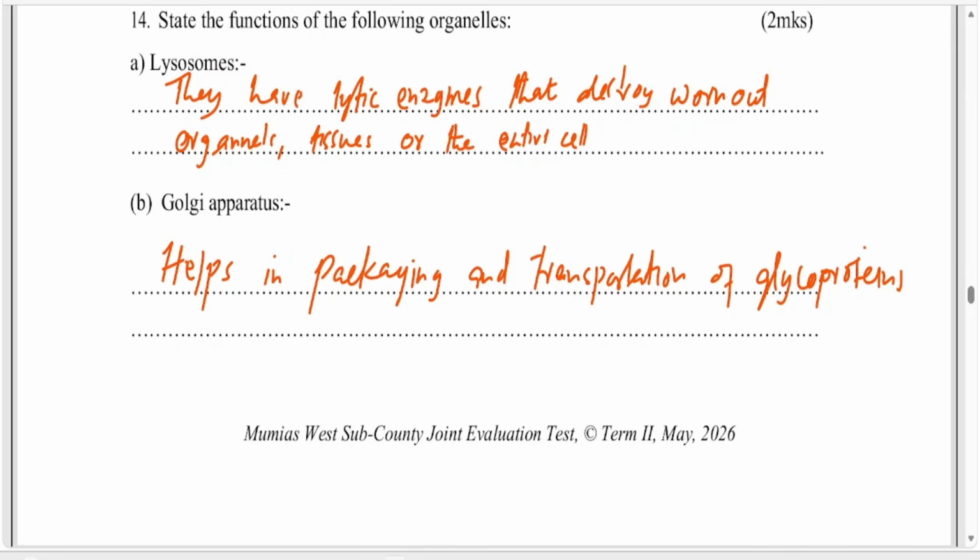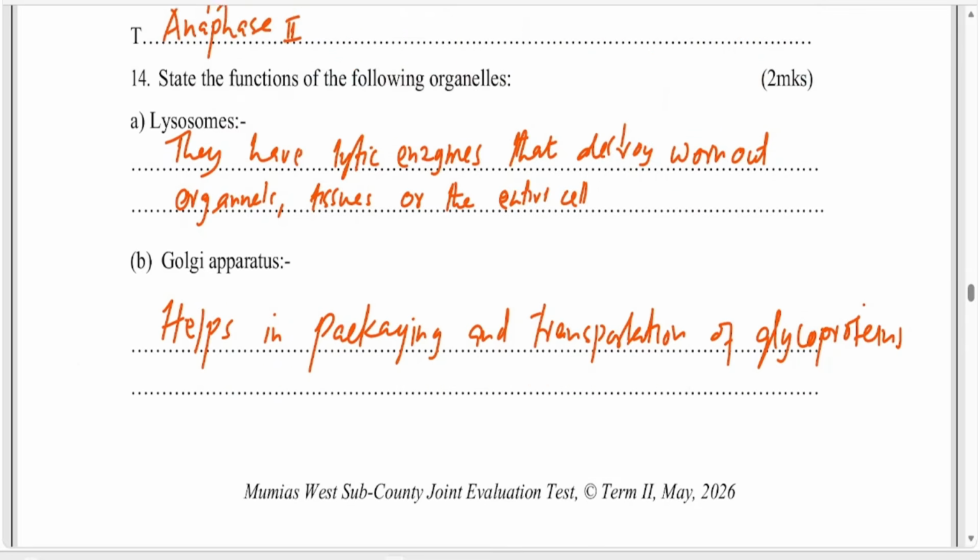You can also find them being used in packaging of synthesized materials and transporting them. They can also be involved in the production, or synthesis, of lysosomes that we have just talked about. So each statement or each function here was giving you a total of 1 mark.